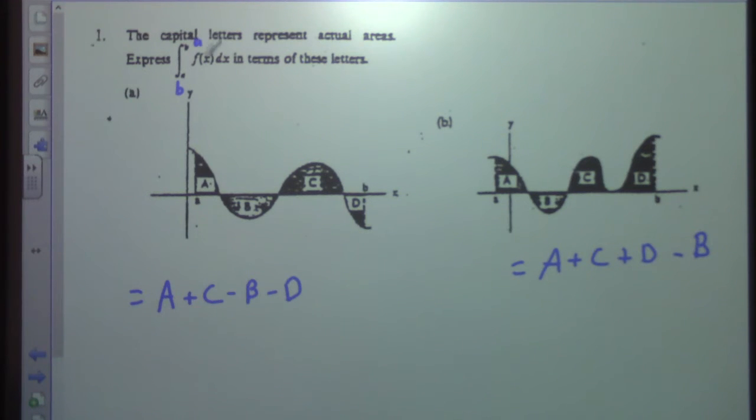How would that change things? Well, it would change the signs of everything, right? Then it would be negative A minus C plus B plus D if you switched the boundaries. So just something to watch out for.